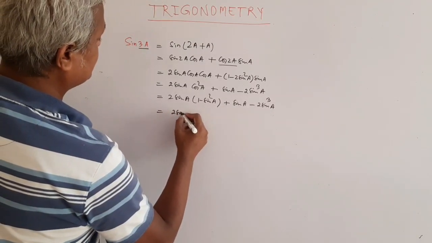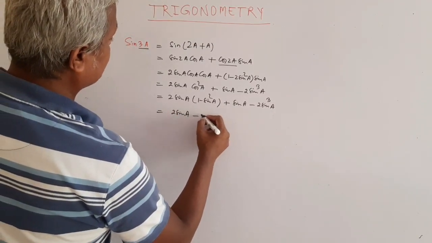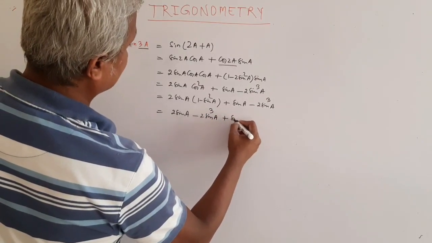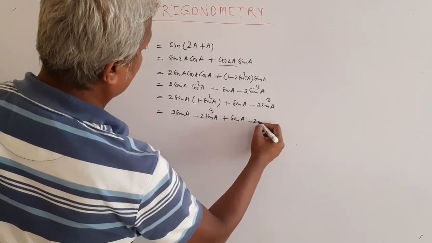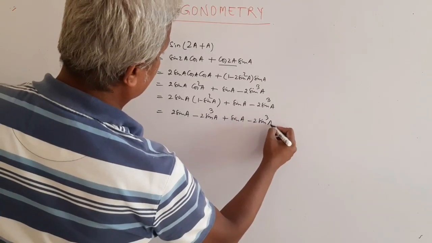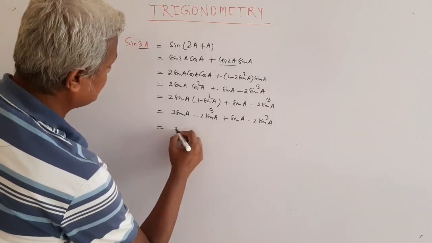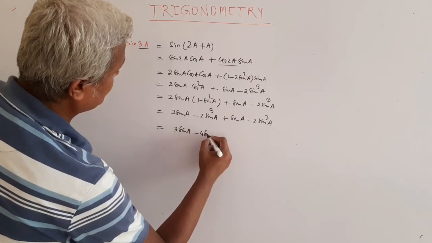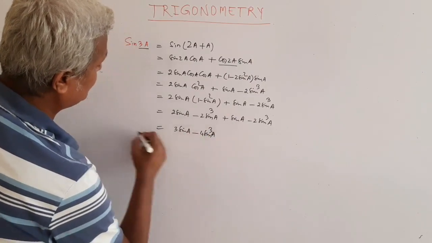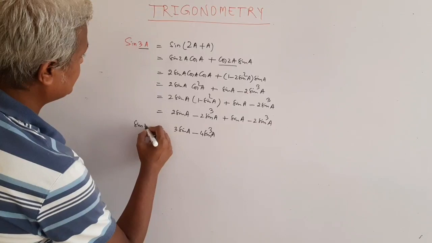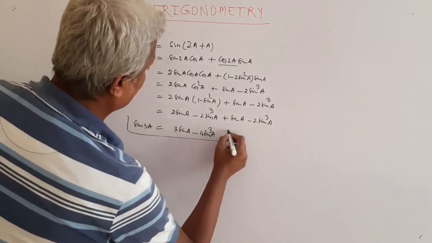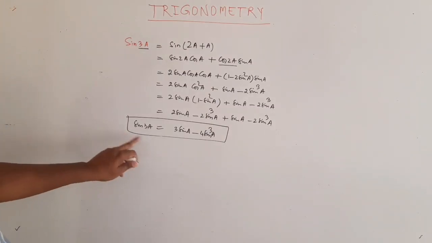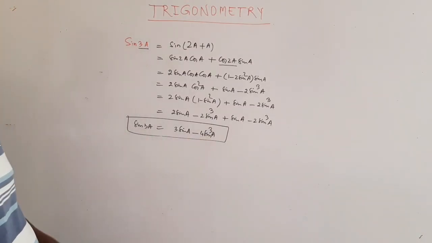So this is 2 sine a minus 2 sine cube a plus sine a minus 2 sine cube a, that is 3 sine a minus 4 sine cube a, and that is the identity which we call as formula. So this is sine 3a is 3 sine a minus 4 sine cube a.